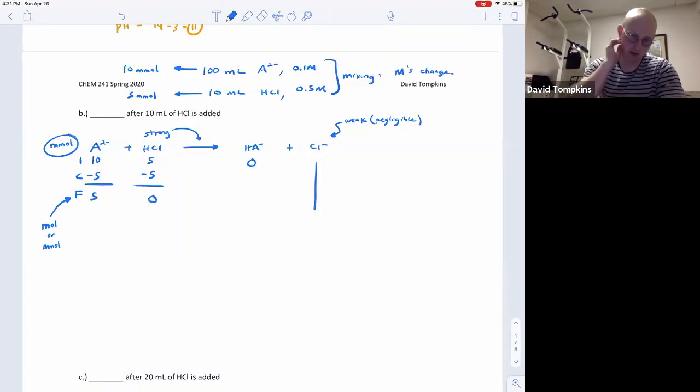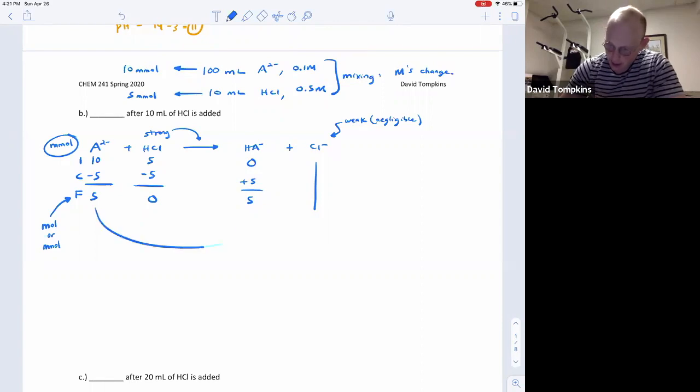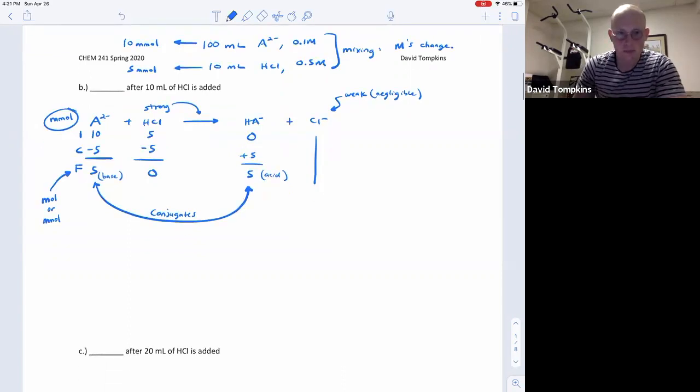So you're left with 5 millimoles of A2 minus, none of HCl, and you make 5 millimoles of HA minus. And now we have two compounds that are conjugates of one another. Right, we have 5 millimoles of the monoprotic acid, and we have 5 millimoles of the monoprotic base. And what we saw is that the strong acid was the limiting reagent.